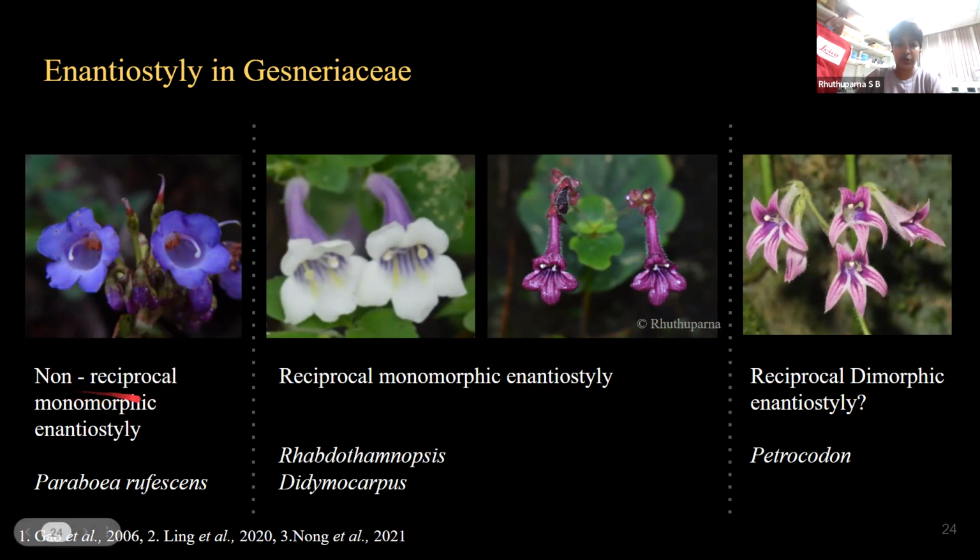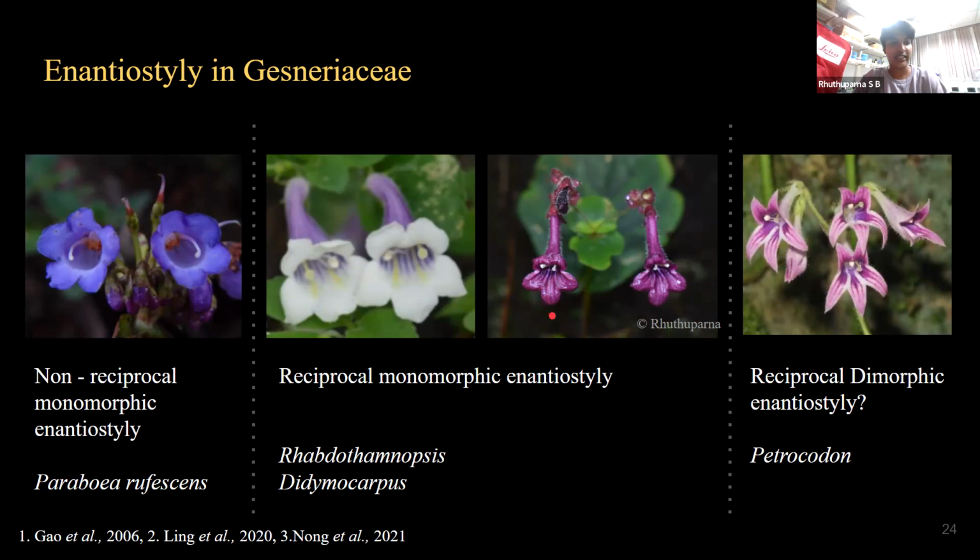And the second class here is the reciprocal monomorphic enantiostyle. In both cases, this is Rhabdothamnopsis and this is Didymocarpus. So in both cases, you can see both stigma and anther are deflected from the floral axis, and the plant produces both R and L morph. Looks like a mirror image.